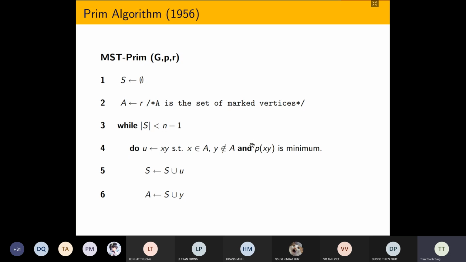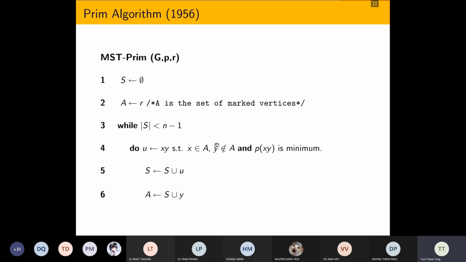Here p is the weight of x and y. We have two things. First, we have the number of the set here. A is a set of vertices, so every time we take an edge, we put this vertex x into the set, and we increase it one by one.